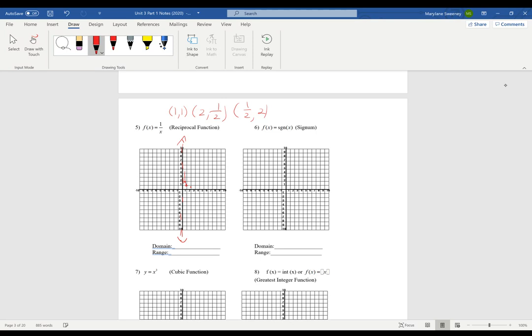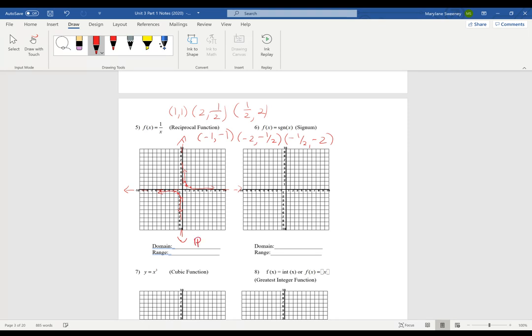So you can see it's approaching the asymptote. And there's also a horizontal asymptote here. Okay, then the reciprocal of -1 is -1. -2 is -1/2, and -1/2 is -2. And that's again just plugging in, but that's how we're getting those values.